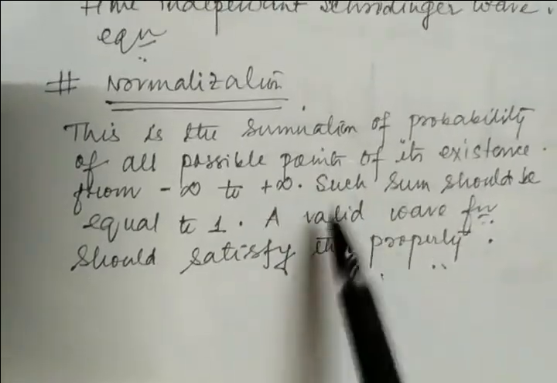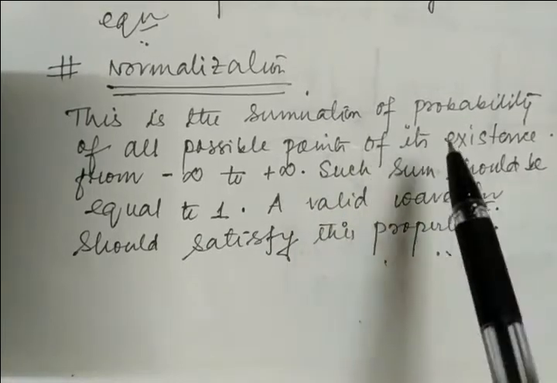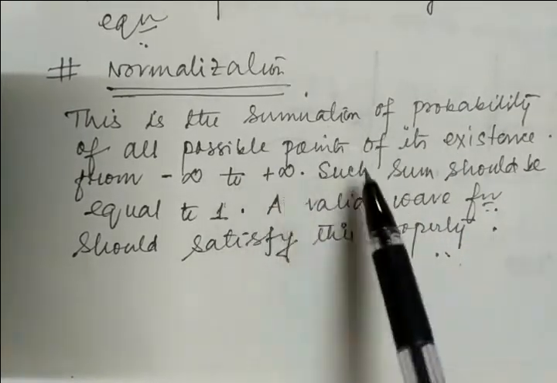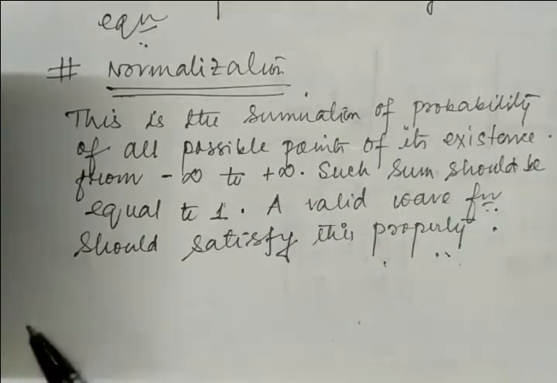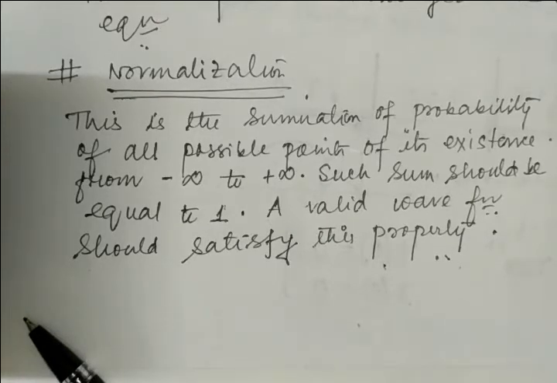I am again just repeating this portion. This is the summation of the probability of all possible points of its existence. If we consider the region, in that region all possible points of existence should be considered, and that sum should be equal to 1. Only in that case can we say that this function is a normalized function.